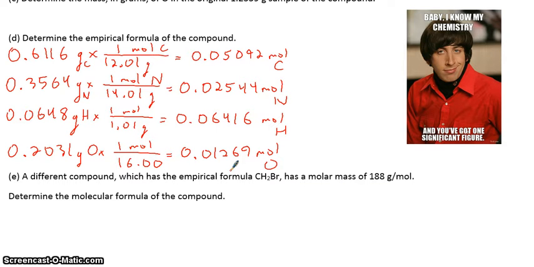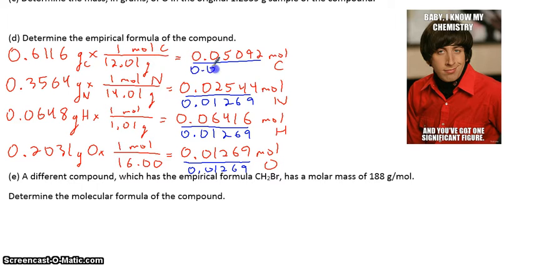So these are the relative mole amounts of the elements in this compound. Now to even these out, that's what the divide by smol step does. If we divide all these by the smallest, we'll even them out and make them in terms of just one of them, the smallest, which makes the numbers clean. So oxygen is the smallest number, so we'll divide each one of these by the moles of oxygen, 0.01269.